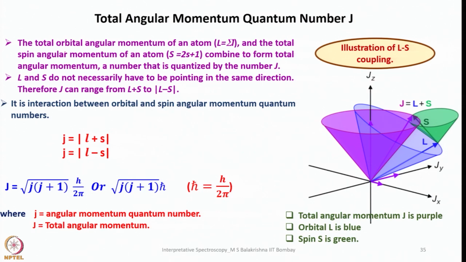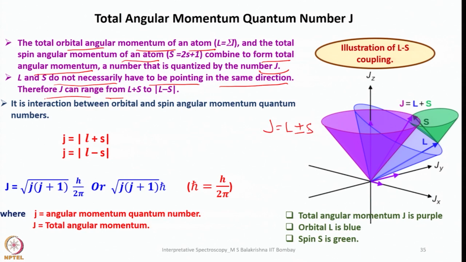The total orbital angular momentum of an atom, capital L, is the sum of the azimuthal quantum numbers, and the total spin angular momentum of an atom, 2S plus 1, combine to form the total angular momentum, quantized by a number called J. L and S do not necessarily have to be pointing in the same direction, therefore they can range from L plus S to L minus S values. So J can have L plus or minus S values.